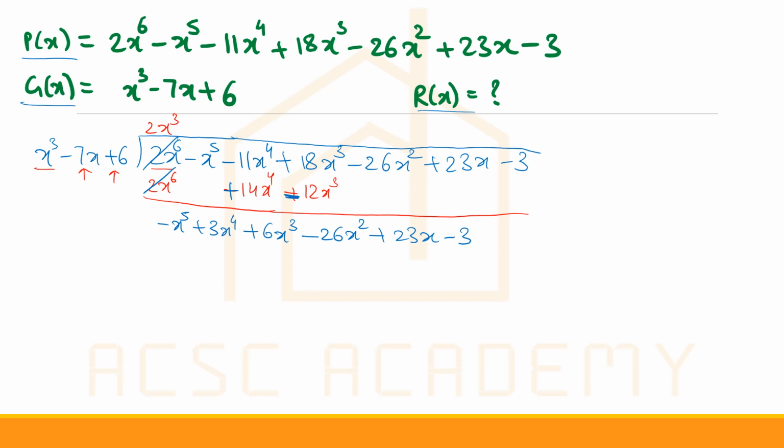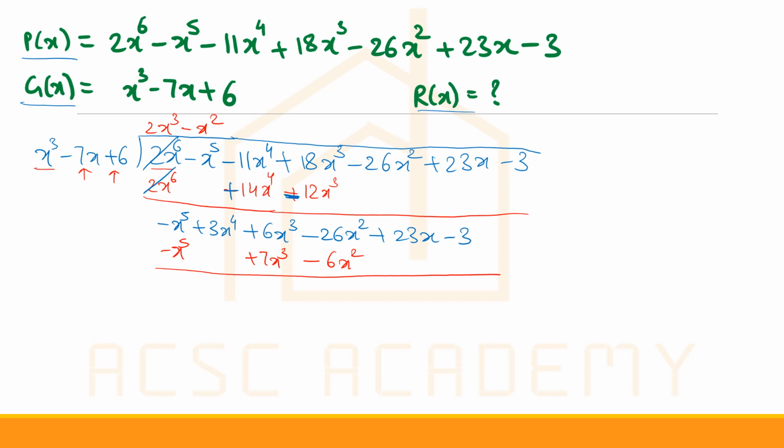So now in the next iteration, we have this minus of x raised to 5. So that when divided will give minus of x squared as the quotient. So we get that. Then minus x squared with minus 7x, that will give plus of 7x cube. And with 6 it will give minus 6x squared. So again we subtract the terms together.